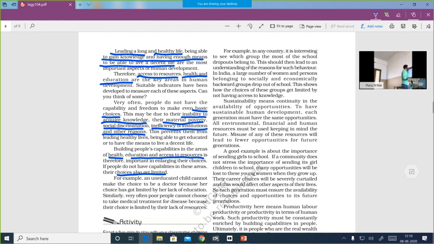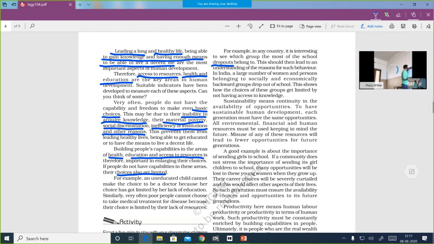For example, in any country, it is interesting to see which group most of the school dropouts belong to. What are dropouts? Dropouts are the students who start education and after a period of time, like after 4 or 5 years, they just stop their schooling and get off the school. This is what dropouts means.